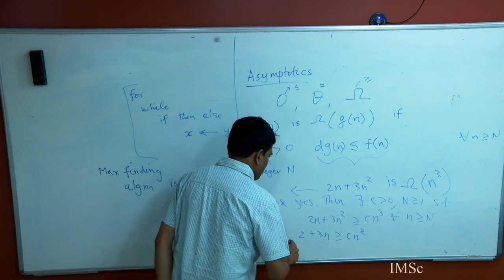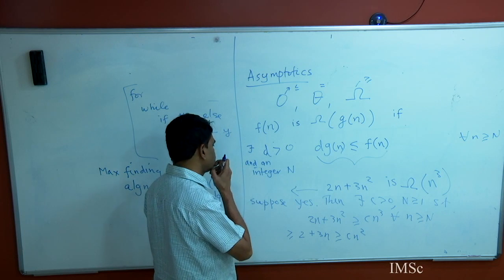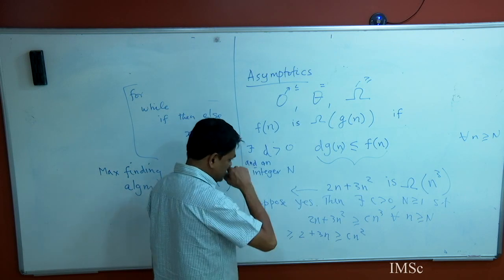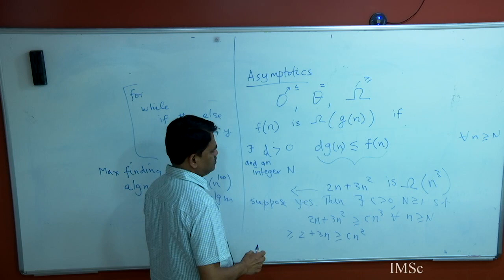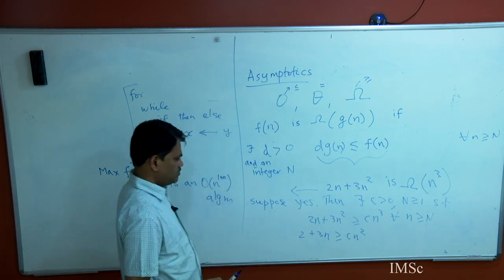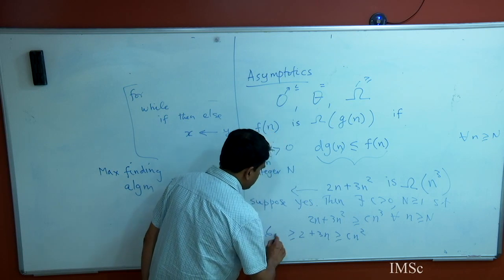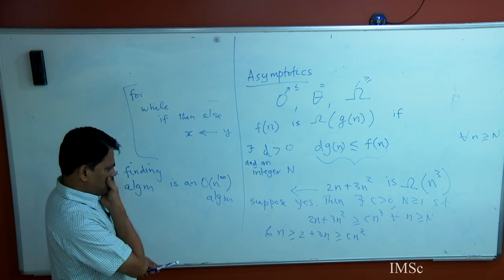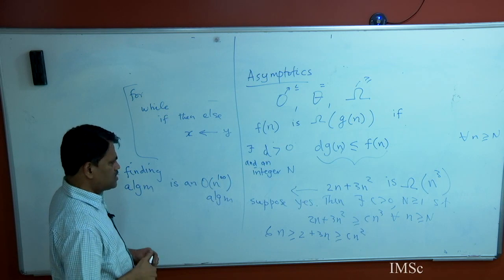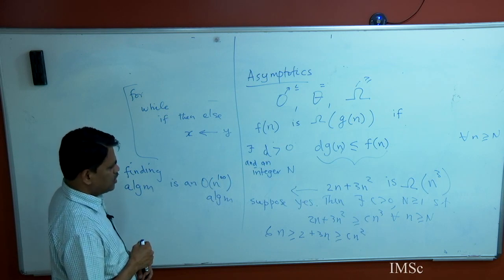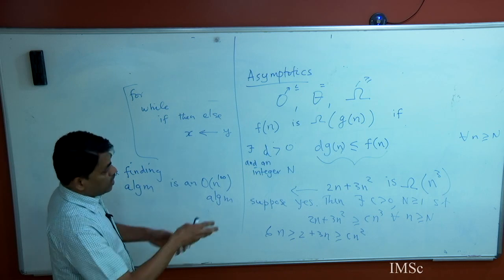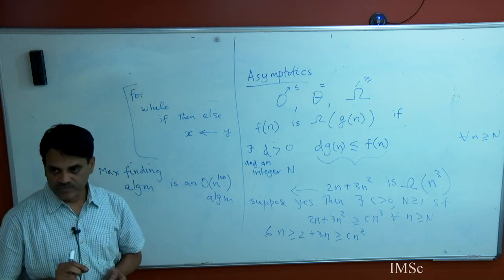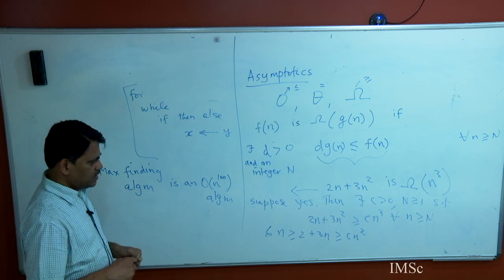And 2 plus 3n is less than or equal to, I might say, at most some 6n or something, because n is greater than or equal to capital N. This tells you that cn is less than or equal to 6 for all n greater than or equal to capital N. So n is at most 6 by c, which is not true.